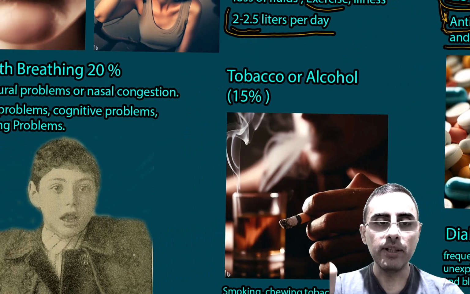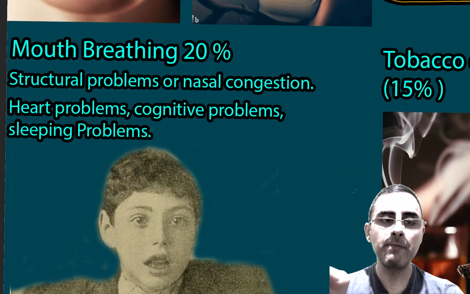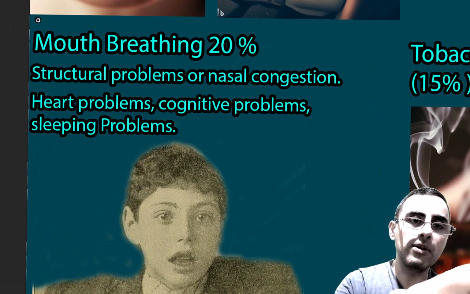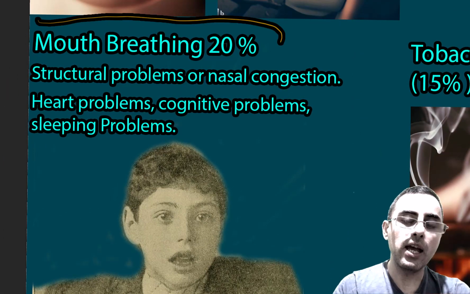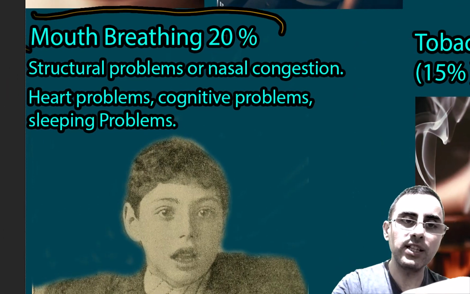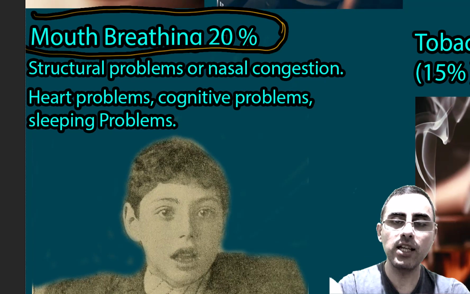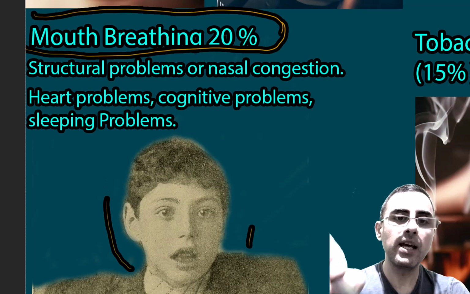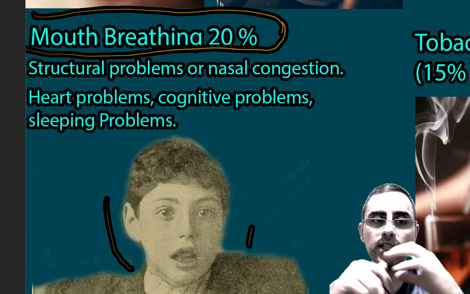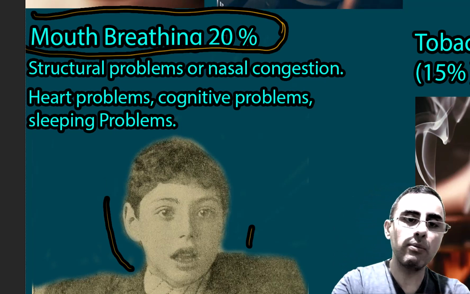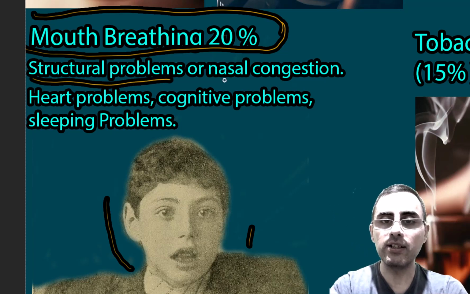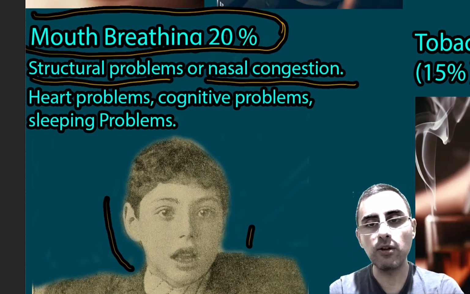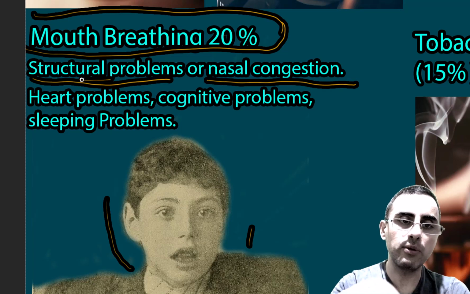Another common problem is mouth breathing, and it's more common among children, and it's responsible for around 20% of cases of dry mouth. You can see the classical face of a mouth breather kid, and mouth breathing is caused by structural problems or nasal congestion. If it's chronic, it's usually structural problems.